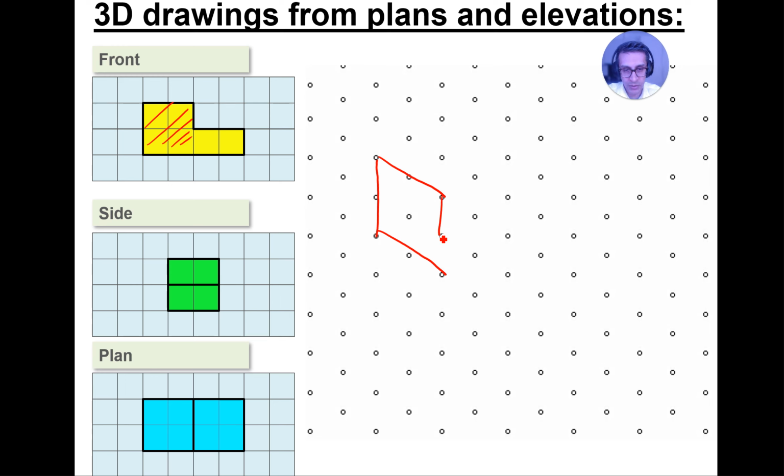Now then it goes down, and then there's 2 cubes on the side there. So that is your front, and we're going to draw an arrow making sure that we know that's the front. Now we can see from the plan view that this is 2 cubes deep, so it's going to look like that.